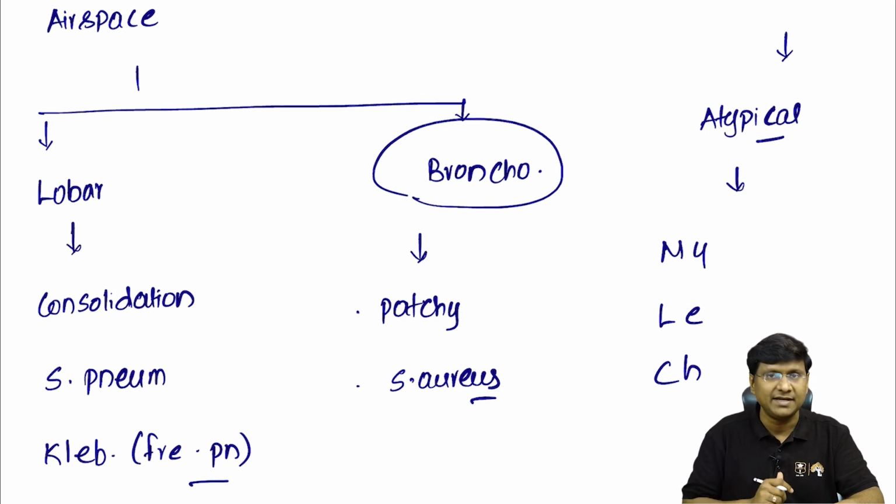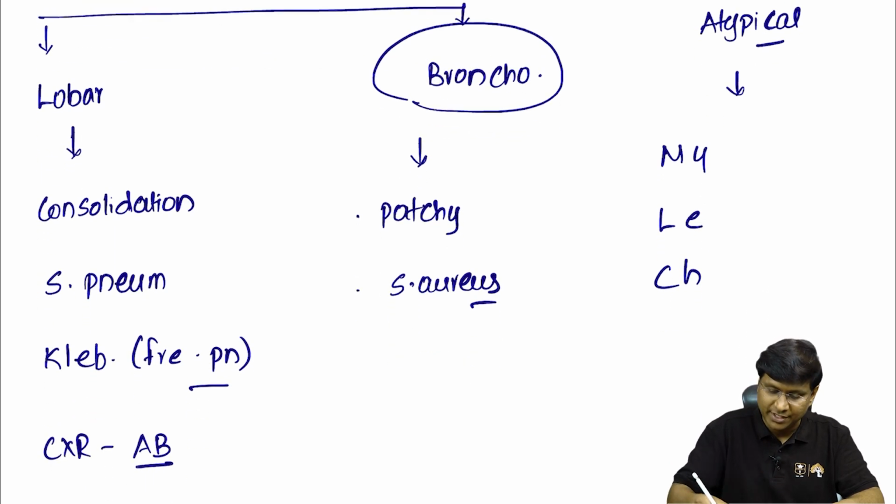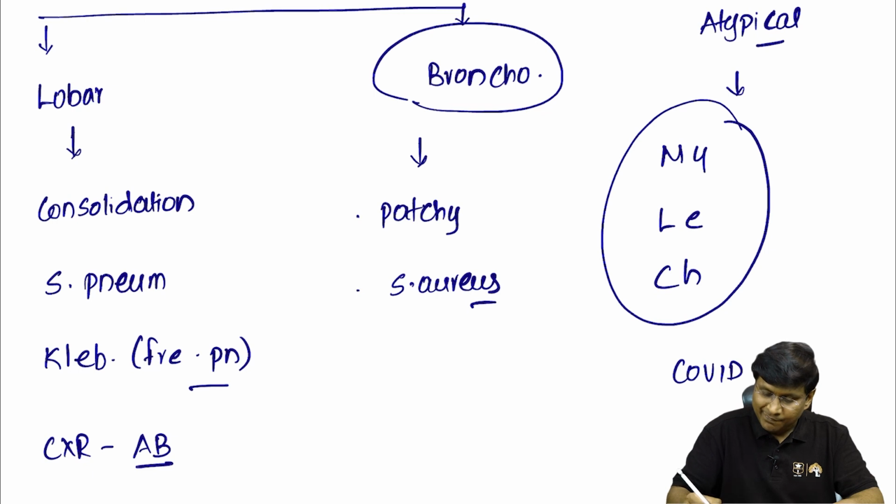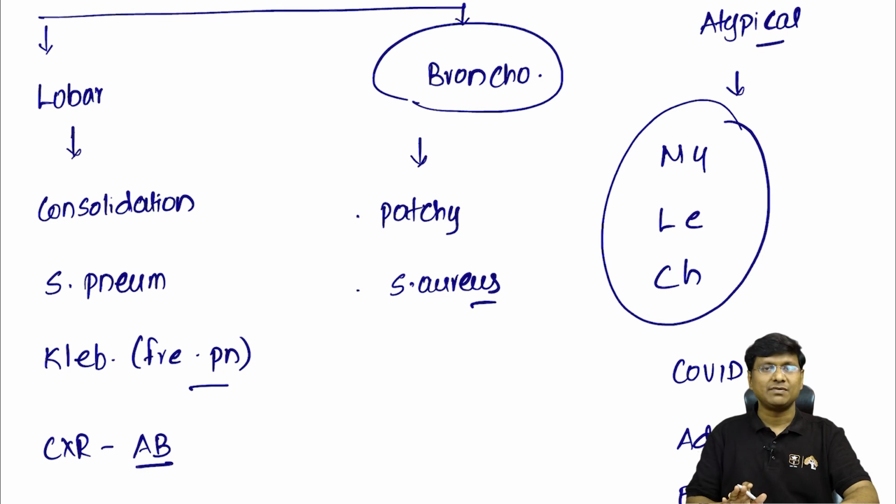These are the important bacteria causing interstitial pneumonia. Apart from these bacteria, we also have certain viruses: the COVID-19 virus, adenovirus, Epstein-Barr virus, and influenza virus. These are the viruses that cause atypical or interstitial pneumonia.